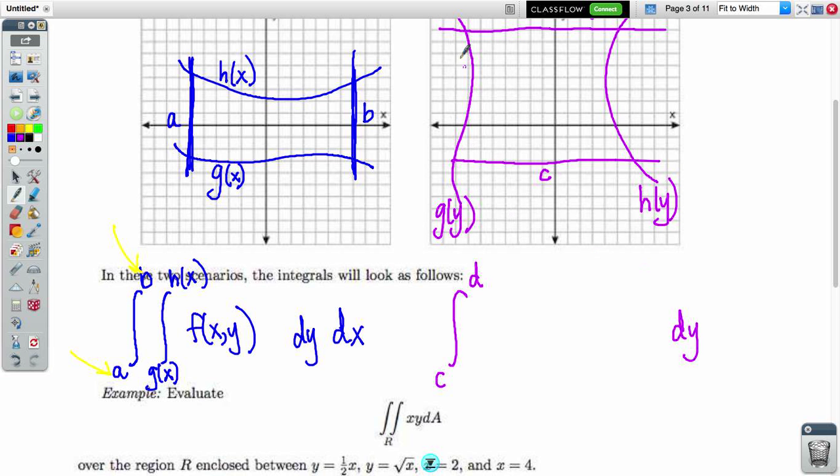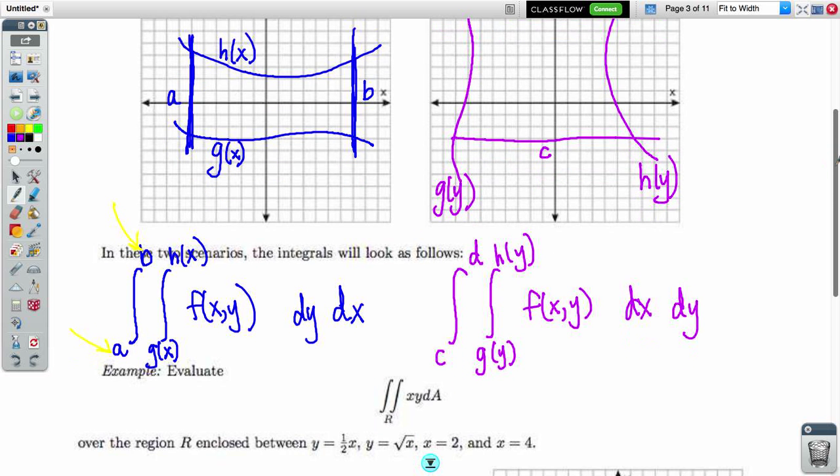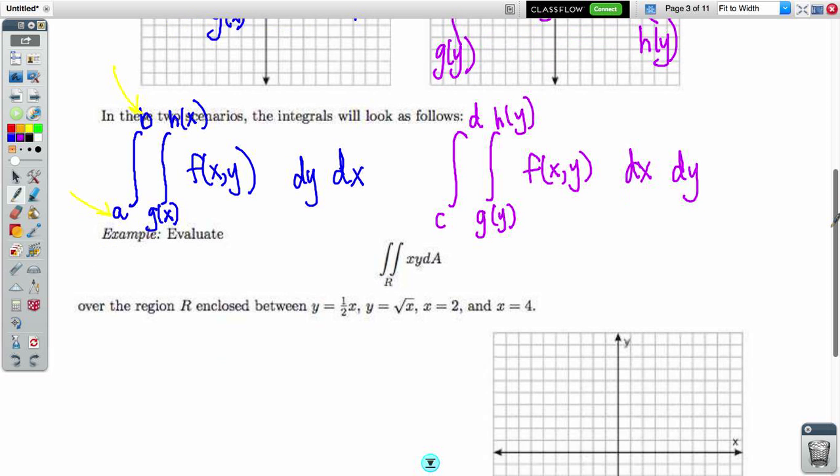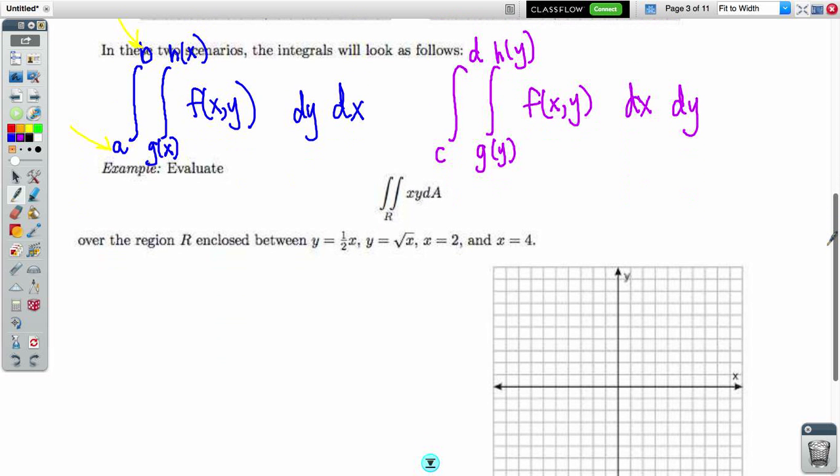And then the first thing that we'll do on this one, the inside integral, is going to go from g of y to h of y. And this is going to be with respect to x. So either way, it's important that your nice numerical limits are on the outside, and then after that you just integrate like normal and do what you've been doing with the double integrals in the first section.